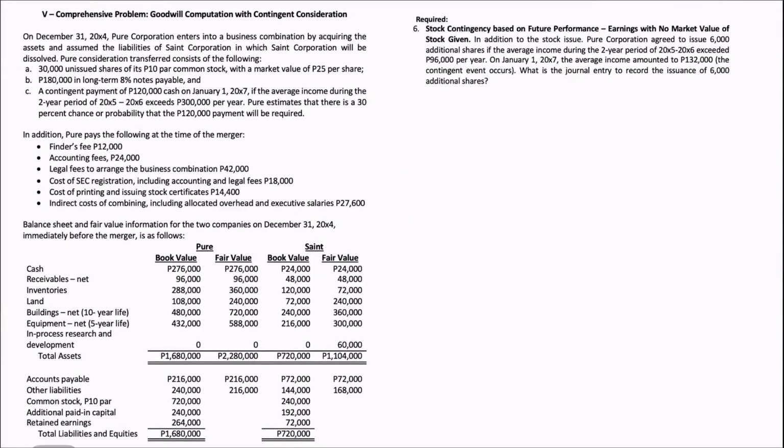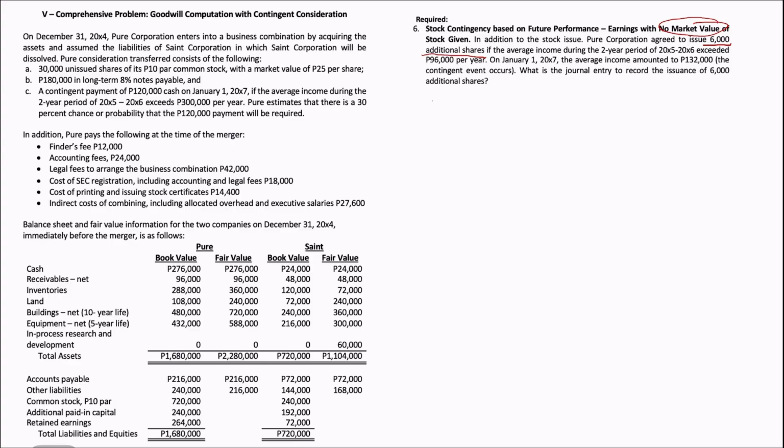Here is one last independent scenario. In this scenario, we have a contingent consideration payable in 6,000 additional shares. However, we are not given the market value of this contingent consideration on the date of acquisition. Hence, on the date of acquisition, we are unable to record APIC for contingent consideration.